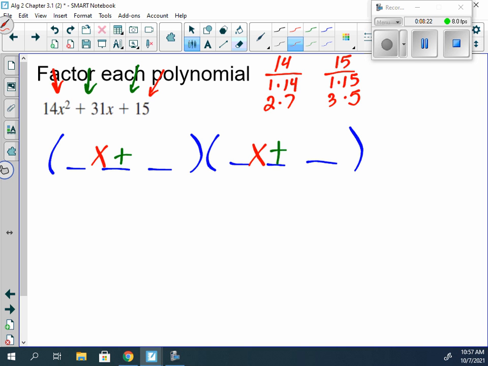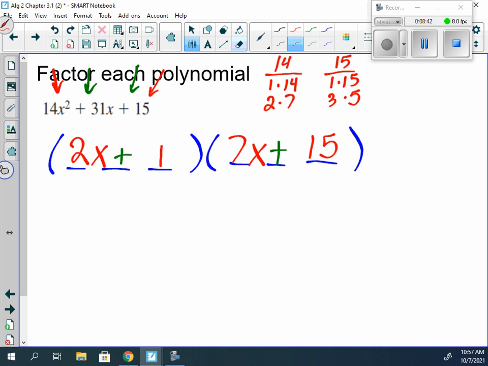All right. Pick a set of factors for 14. 2 and 7. Pick a set of factors for 15. 1 and 15.